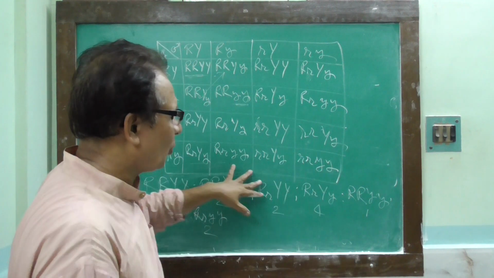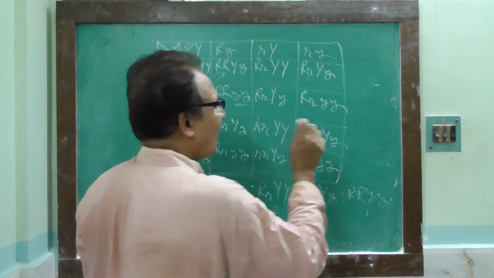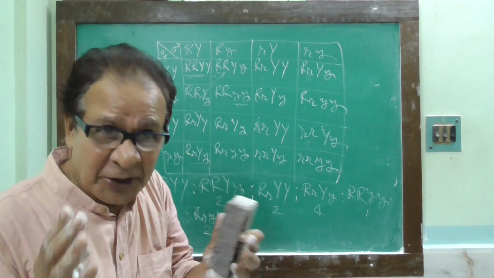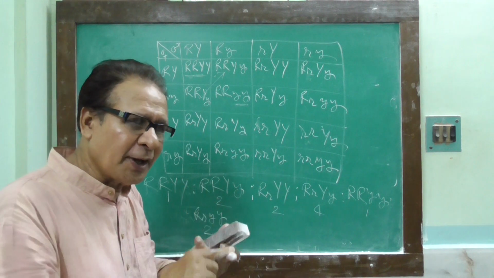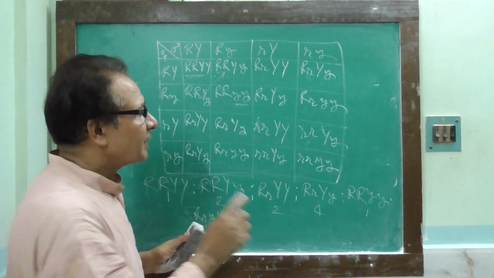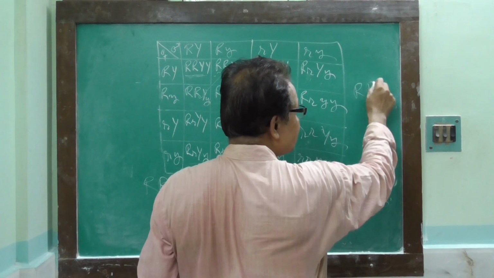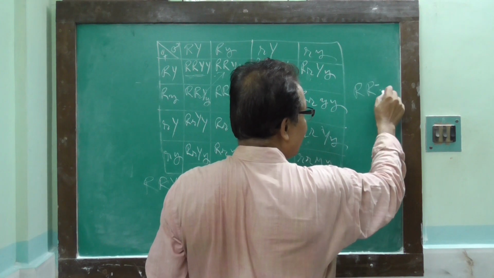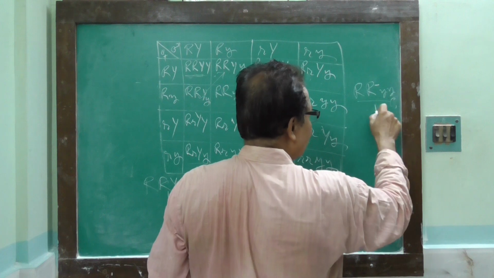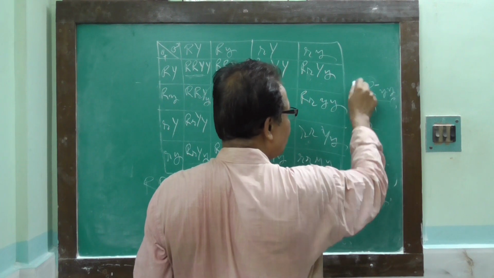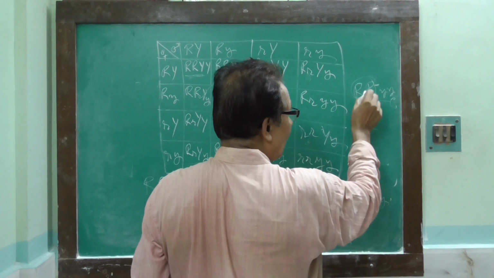In this checkerboard, where 2 capital letters are present, it is 1, the pure dominant.